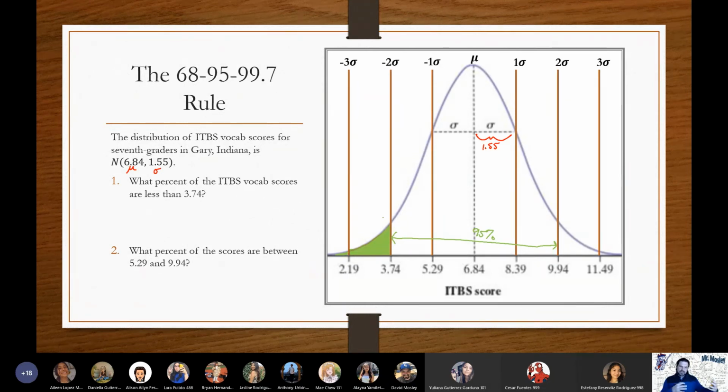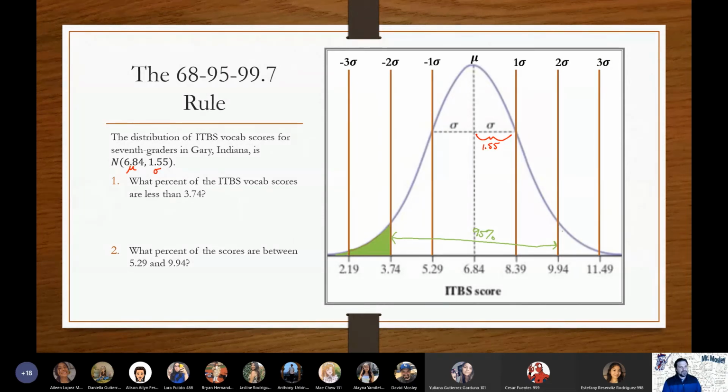But the way that this is set up, that 5% has to be evenly split between the less than 3.74 and the 9.94 and greater. The way these work is similar to percentiles.